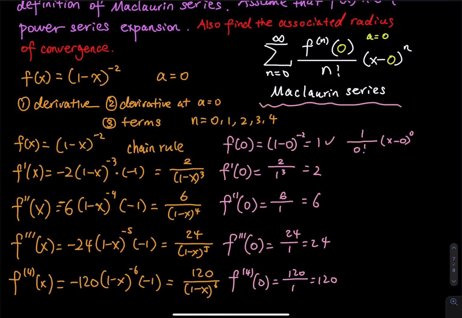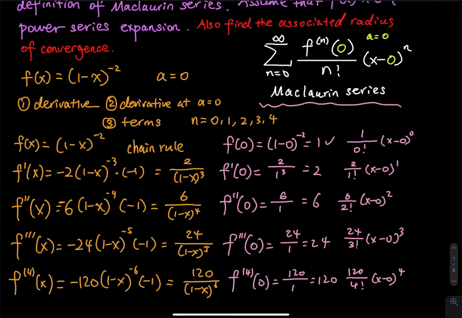And then you have a 2 divided by 1 factorial, x minus 0 to the first power. And then a 6 divided by 2 factorial, and then x minus 0, second power, 24 divided by 3 factorial, x minus 0 to the third, and then 120 divided by 4 factorial, and then x minus 0 raised to the fourth.